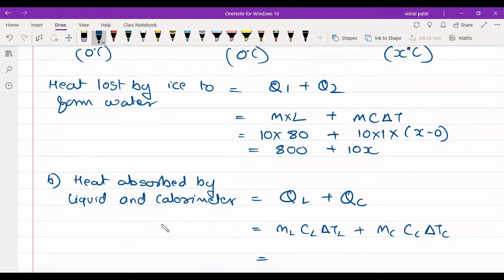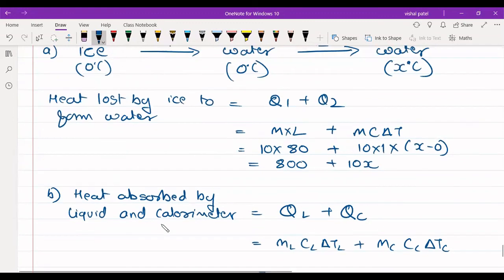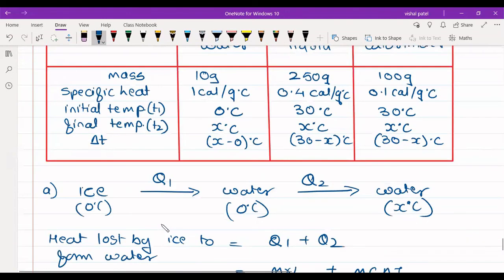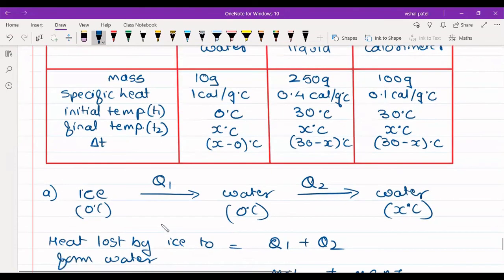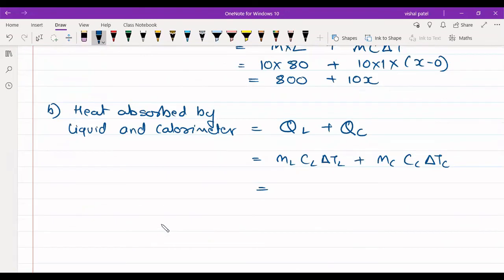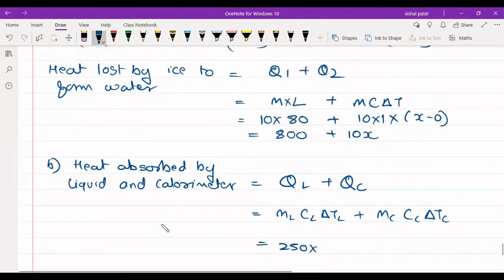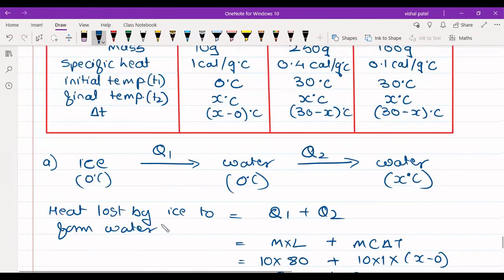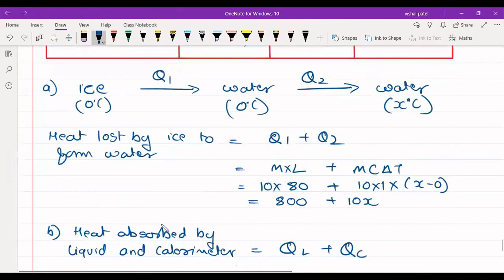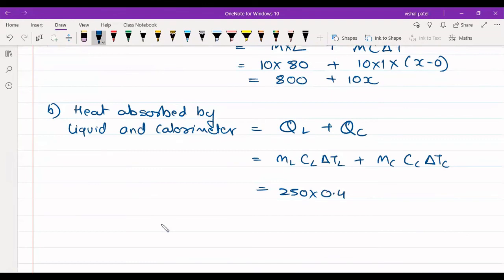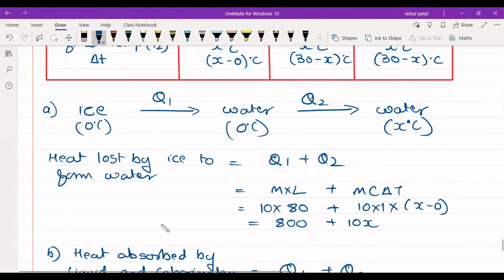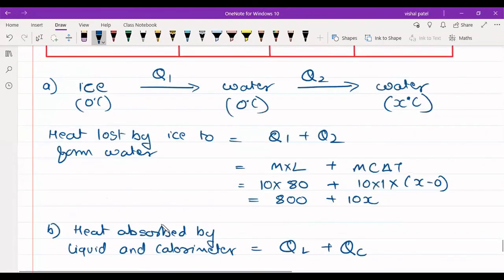Now let us see the values. The mass of liquid is 250 and the calorimeter is 100. Whose specific heat is given as what value? 0.4 for the liquid and 0.1 for the calorimeter. The change in temperature, students, see at the bottom, is 30 minus x.